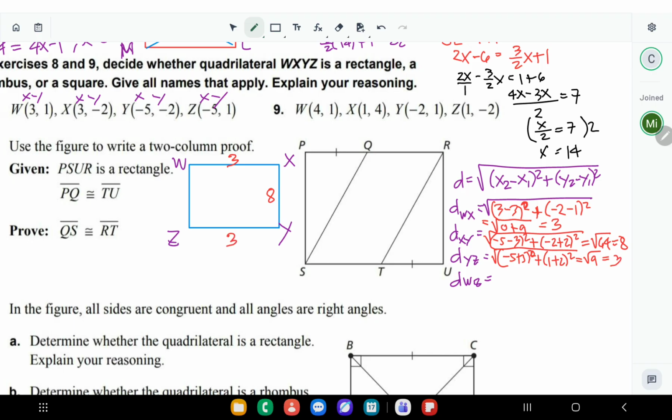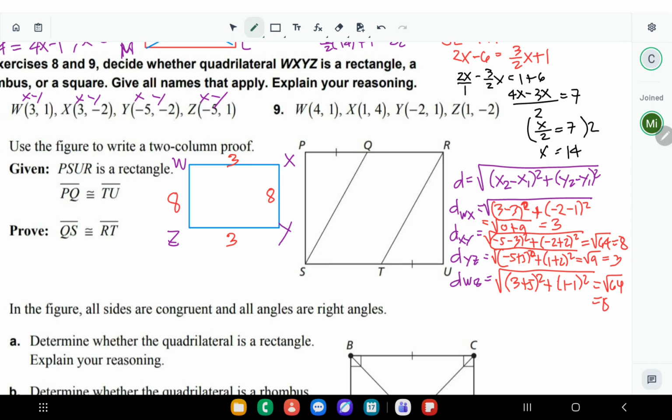The distance here is 3. Then the distance from W to Z: 3 minus negative 5 is 3 plus 5 squared, plus 1 minus 1 squared. So this is the square root of 64, which is 8. The distance here is 8.